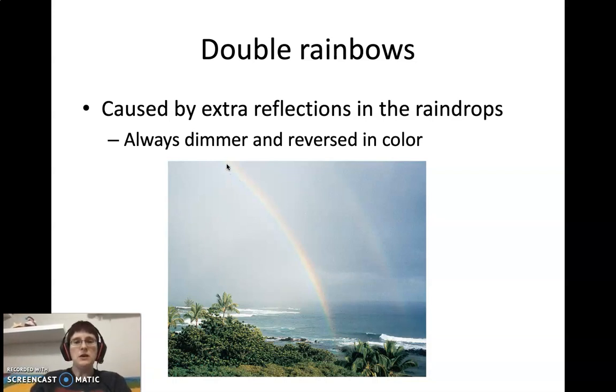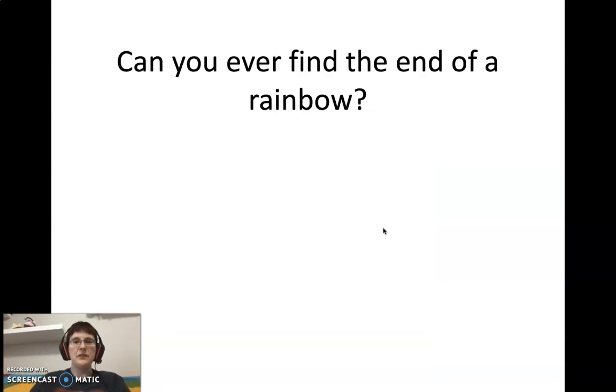So here's the normal rainbow, right? Red, orange, yellow, green, blue, violet. Here's the double rainbow. Red on this side, orange, yellow, green, blue, violet out here. And that's because of that extra reflection. It flips the rainbow around. So it changes the direction.